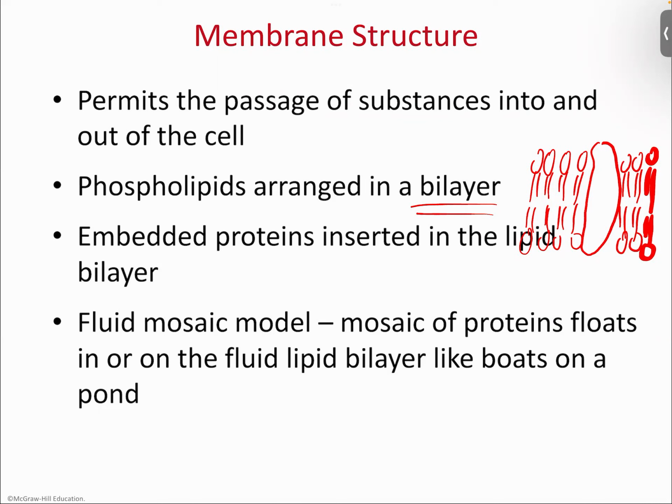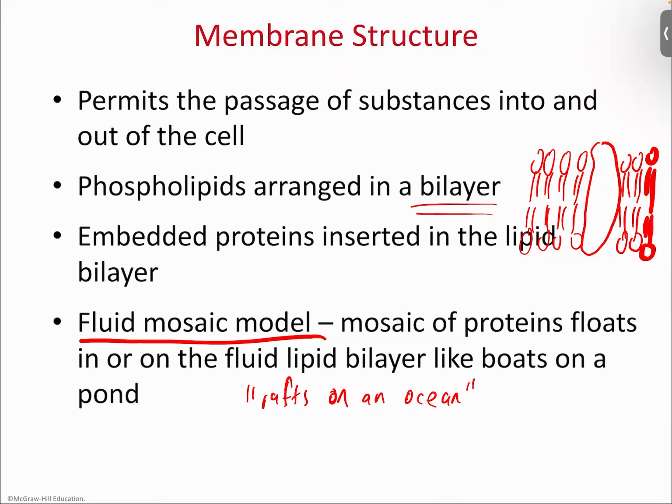And so originally we had this idea of membrane structure called the fluid mosaic model. And literally what we had was this kind of image, and I've actually heard biologists mention this idea of rafts on an ocean.